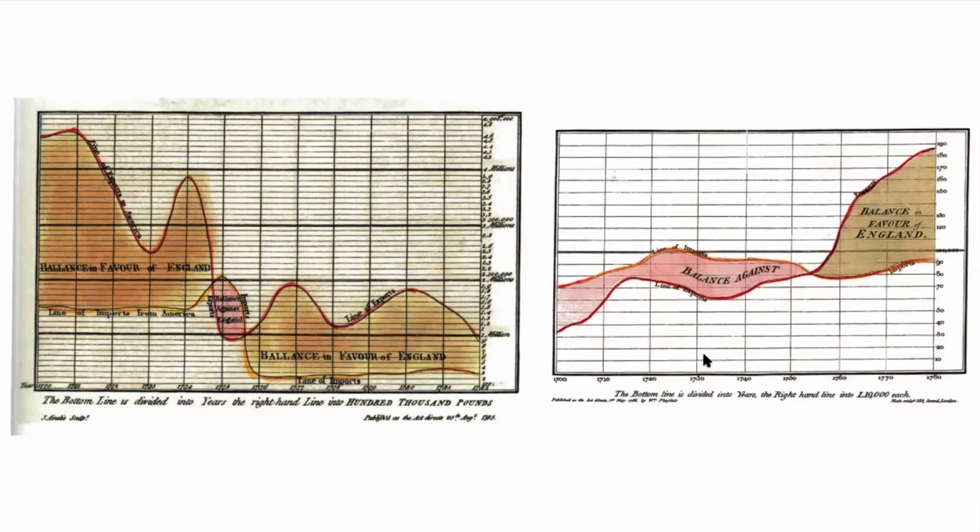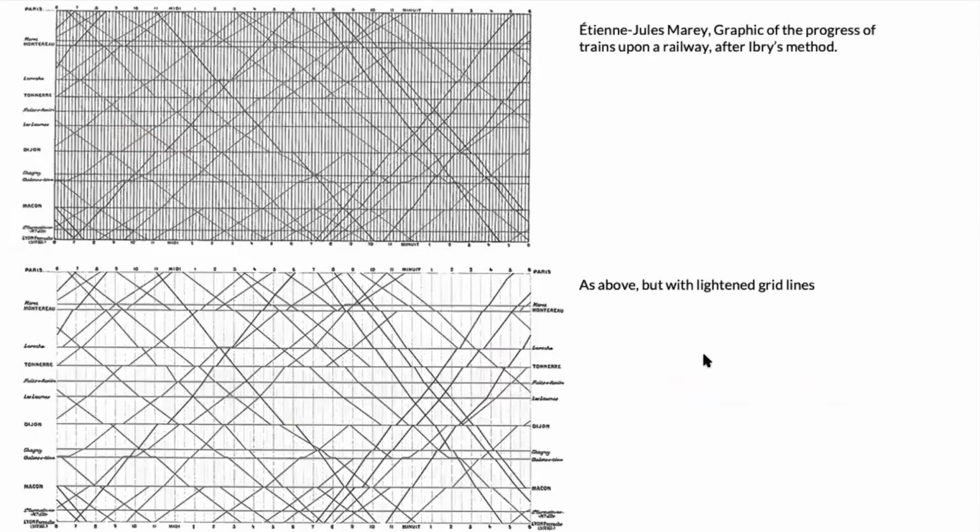This is a similar example, a type of chart that is very popular with people who are managing railways. You use these charts to show the location where trains are starting, the stops they go on, and the angle of the line tells you how fast your train is going.